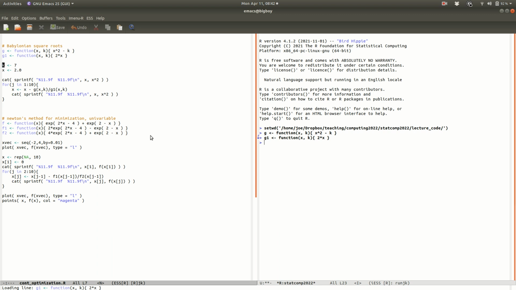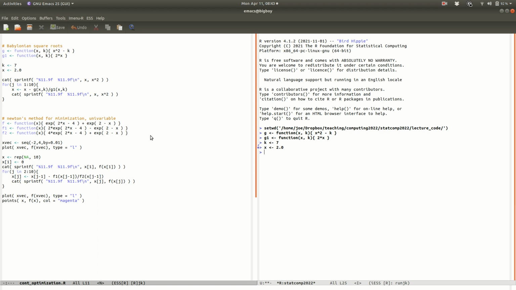I'm going to set k to 7, and I have to give a starting value. So how would I pick a starting value? Well, I know 2 squared is 4, and I know 3 squared is 9. So probably best to pick a number between 2 and 3, but I'll just pick 2.